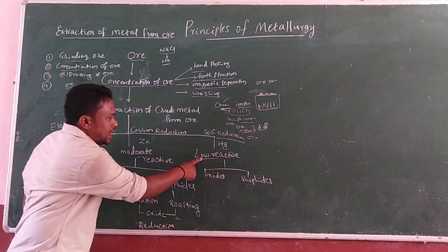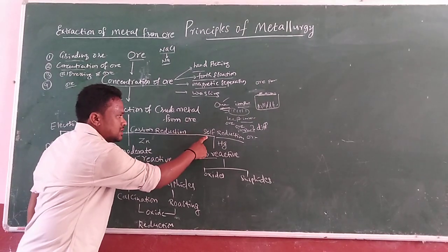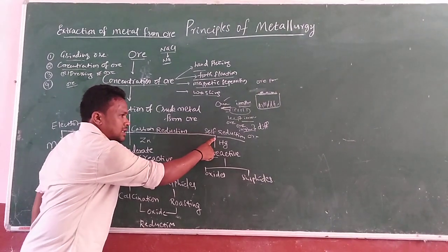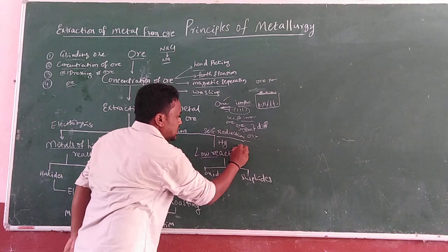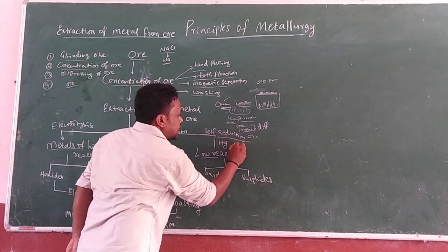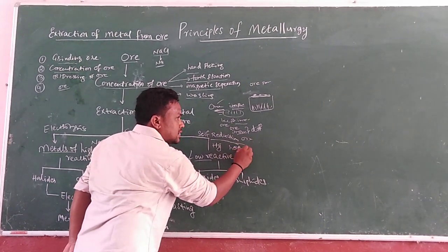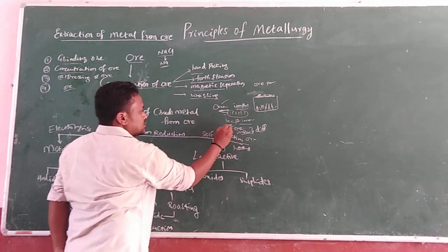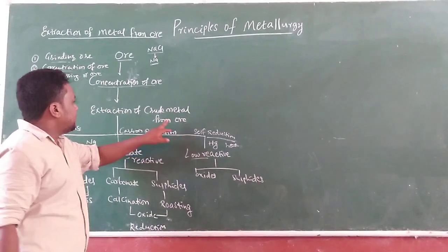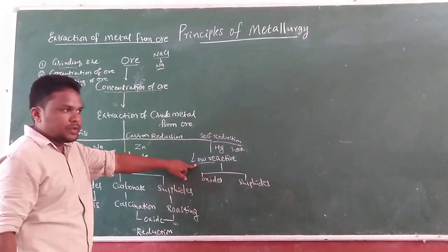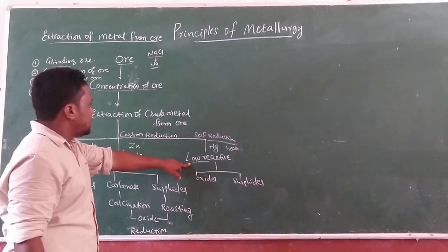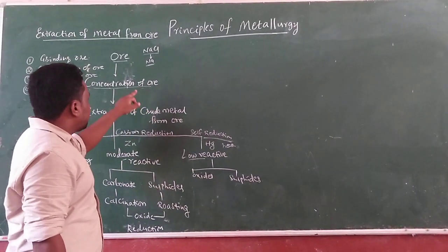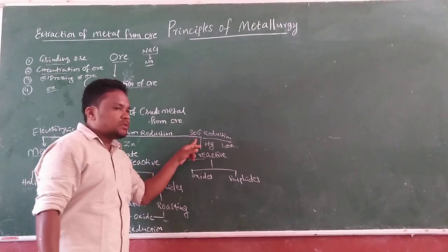The low reactive elements from their ore? That process is self-reduction, also said to be heating. Extraction of low reactive metals from their ore is by the process of self-reduction.